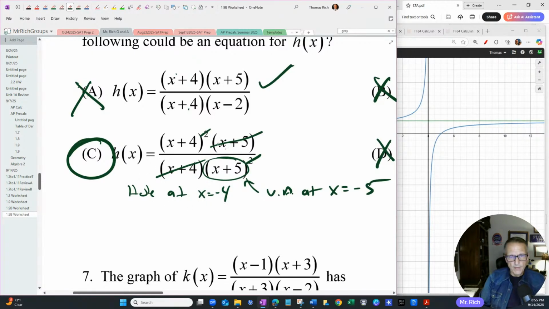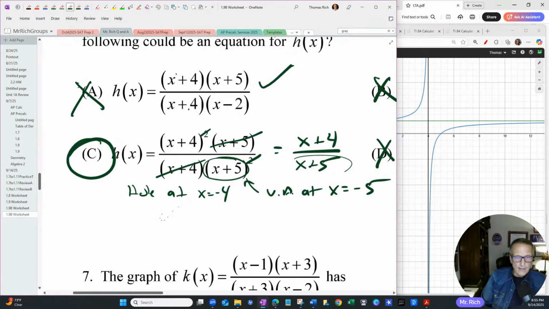So if you do have an x plus 4 that cancels and the x plus 5s here, look what we're left with. We were left with one x plus 4 factor on the top and one x plus 5 on the bottom. So there's the hole. The hole was at x equals -4 because we canceled them, and there's the vertical asymptote.